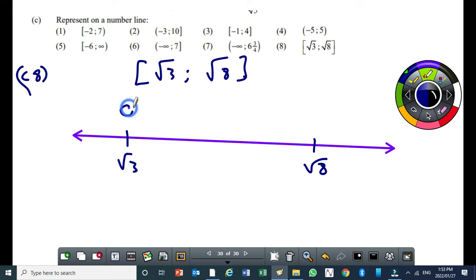So I'll draw a circle on top here and then shade it, and then another one there and shade it. Then I'll draw a solid line and join it. That's the interval. So x can be any number between square root of 3 and square root of 8, including both limits. All right.